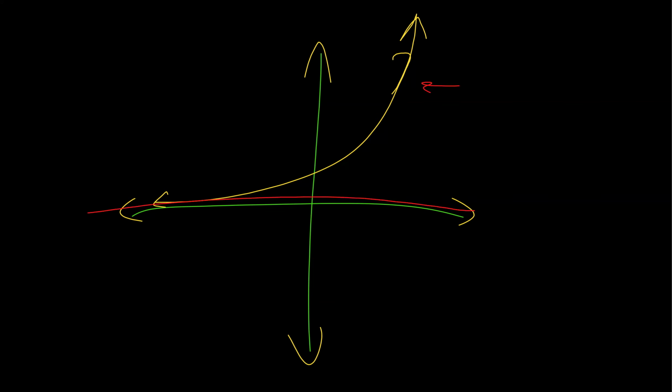Like here, we call this a horizontal asymptote. A horizontal asymptote is a horizontal line that the graph of a function can never cross. Is that clear? So it's like a limit that cannot be crossed. This is what asymptote means. Sometimes we have horizontal asymptotes, and their equation will always be y equals a number, and sometimes we have vertical asymptotes, and their equation will be x equals that number.